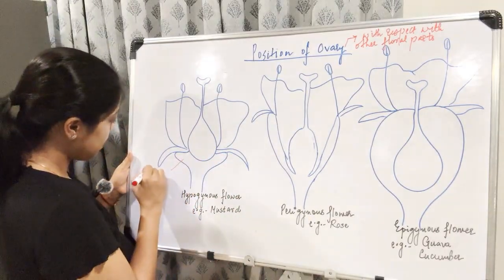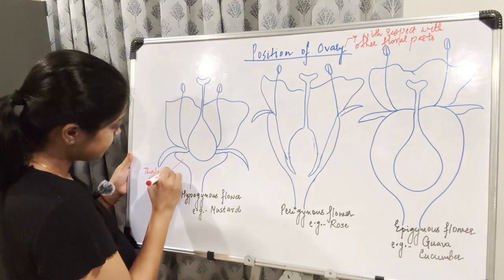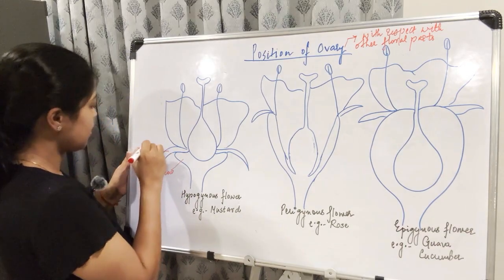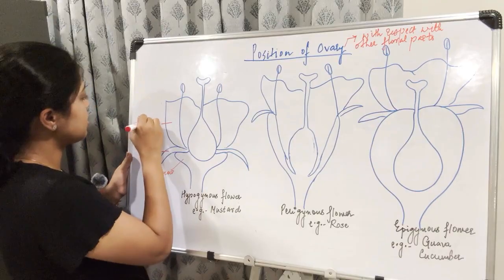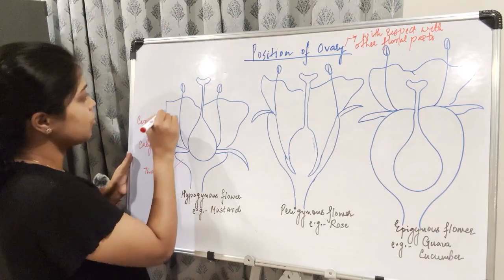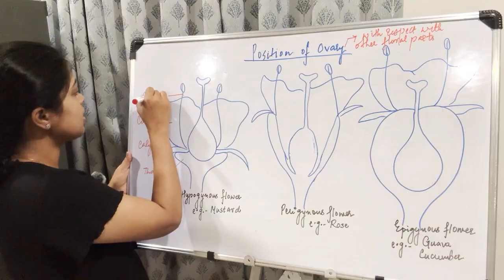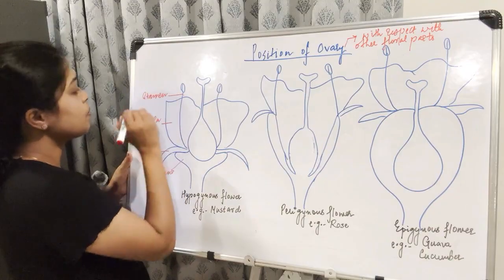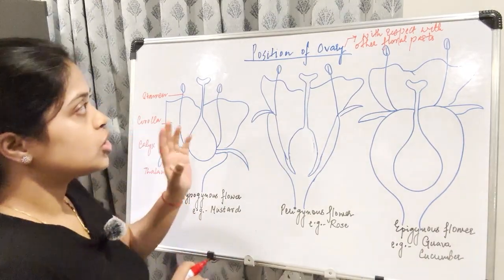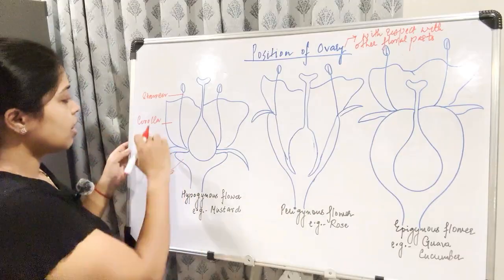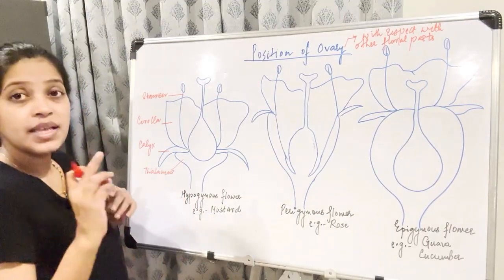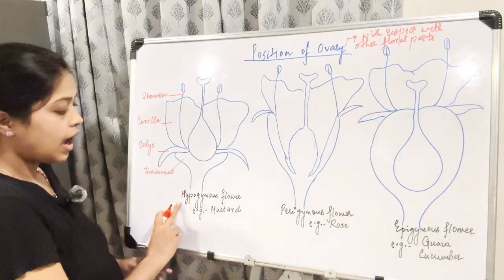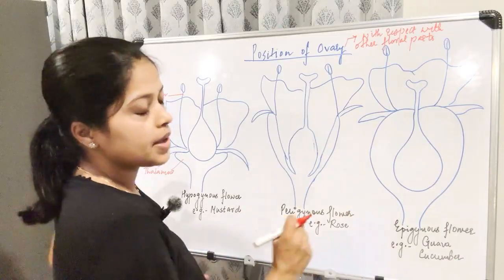So this is your thalamus, calyx, corolla, and this is the stamen. So based on the position with respect to the other floral parts, there can be three different types of flower: hypogynous, perigynous and epigynous.